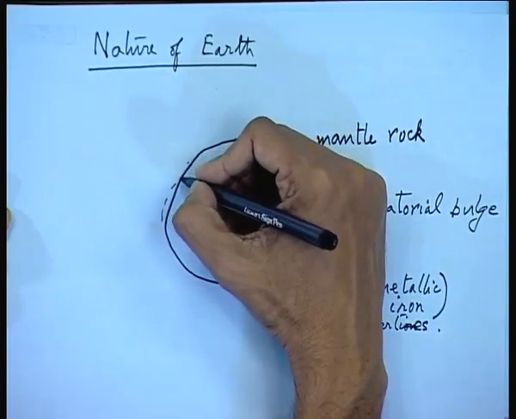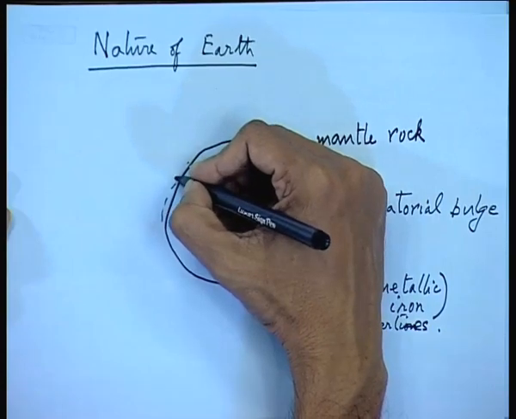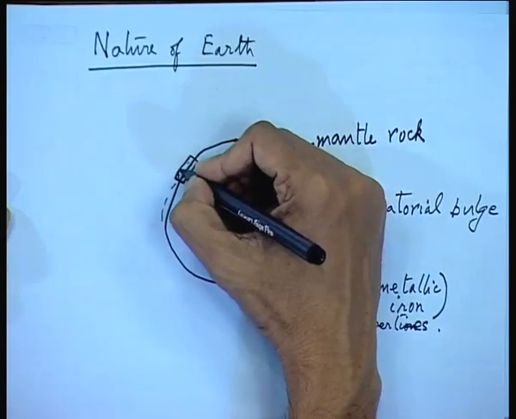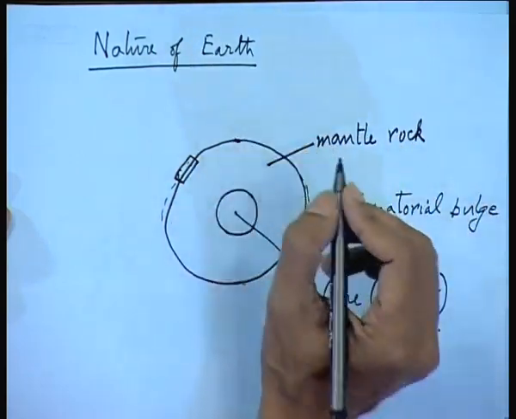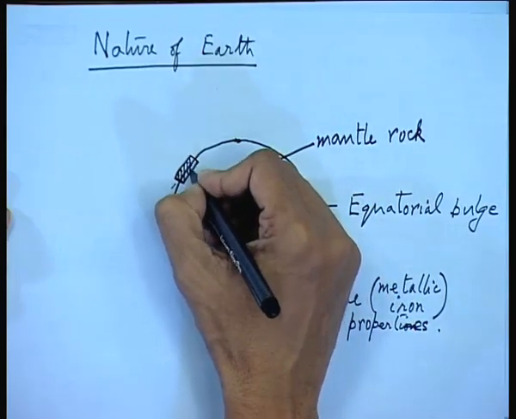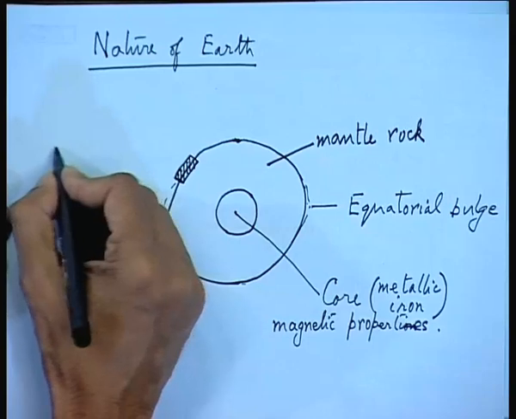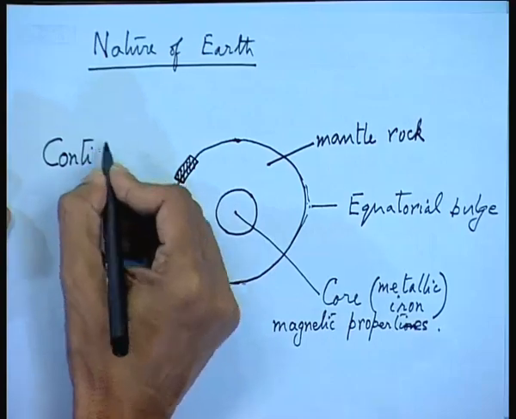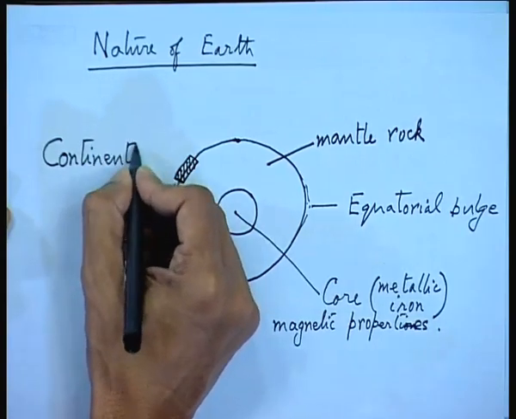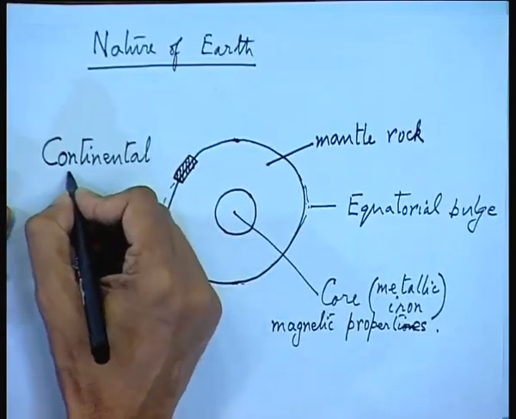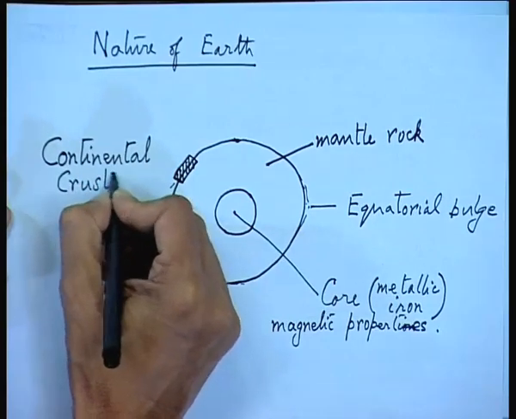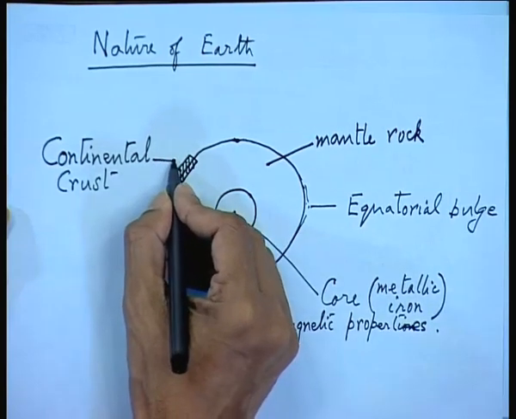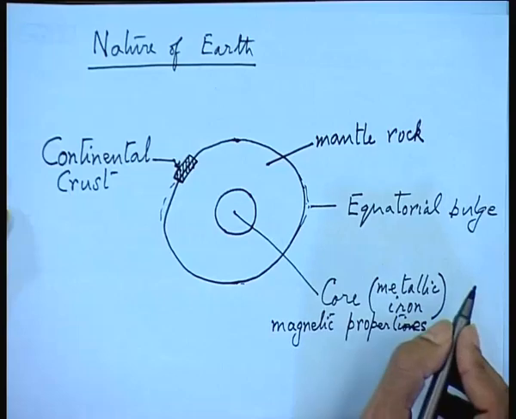So, you have a continental crust. Proportional to the mantle rock, you will find this is called the continental crust. Now, from this diagram you can see that this continental crust is actually floating on the mantle rock.